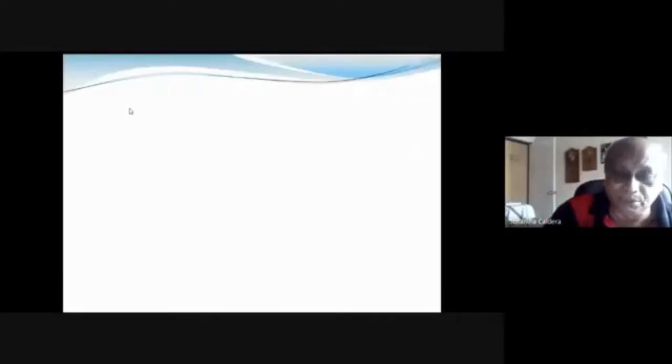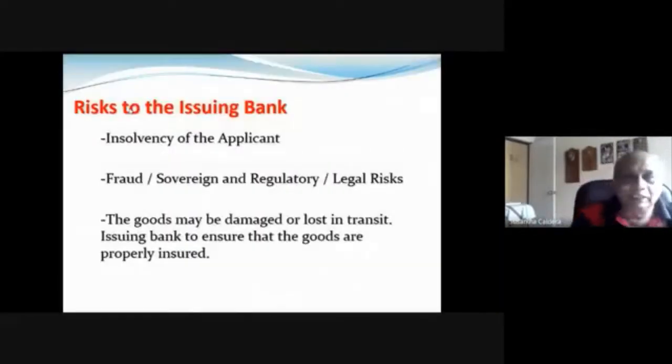Risk to the issuing bank. Insolvency of the applicant. If it's a DC, LC, the one who has to pay is not the applicant but the bank, the issuing bank. But even if the issuing bank pays, ultimately we'll have to get the money from the applicant. In the meantime, if the applicant goes bankrupt, that's the issue. That's a risk.